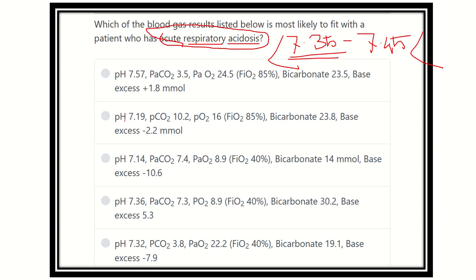Here are the options: first of all 7.19, then 7.14, then pH 7.32. So the acidosis part is in these three options, and our answer is located within these three. So let's see an equation which will finalize this.